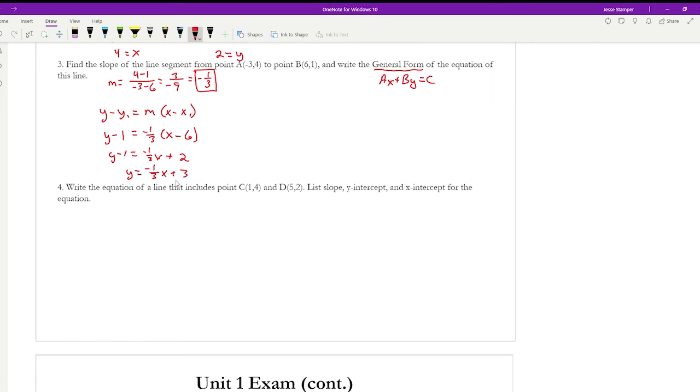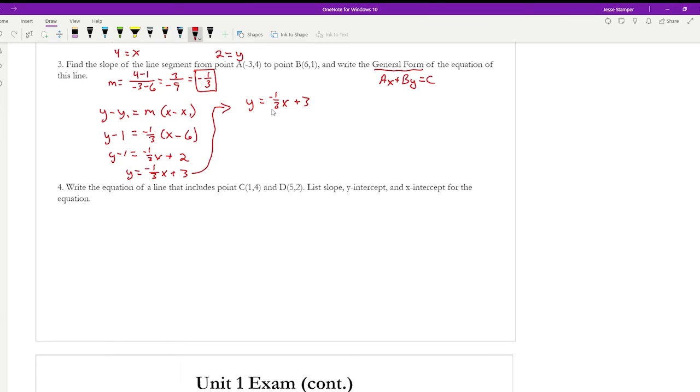All we have to do is get rid of the fraction, because you note that in our general form it's ax plus by equals c. There is no fraction, it's whole numbers, it's integers. So to get rid of that, let's bring this up here. We have y equals negative 1/3 x plus 3.